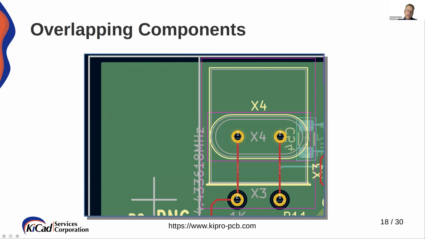In this case, we have two potential oscillators, both being allowed in the design, and normally DRC would flag this. The reason it would flag this is that this purple outline that you see on the screen is the courtyard. Overlapping courtyards are a big no-no in KiCad, and by default will be flagged by DRC.